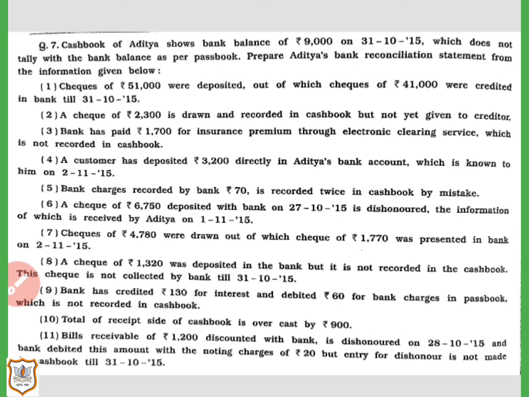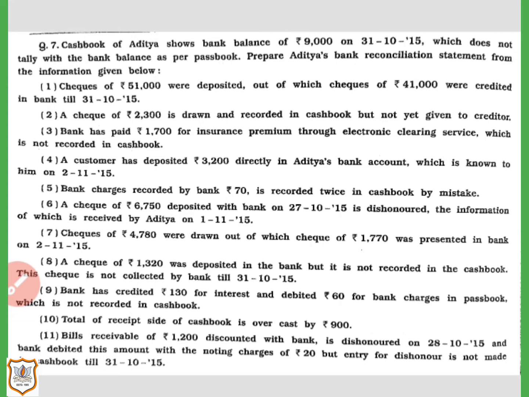So as per the first information, it is given that check of rupees 51,000 were deposited, out of which checks of rupees 41,000 were credited in bank till 31st October 2015. That means check of rupees 10,000 has not been credited in bank till 31st October 2015.